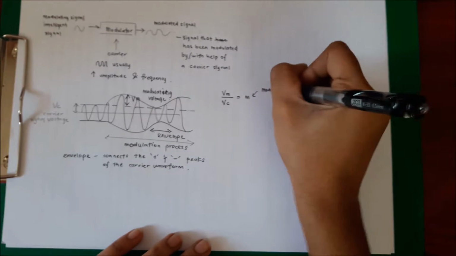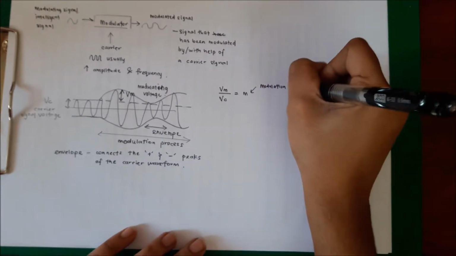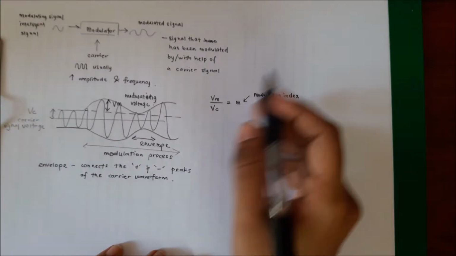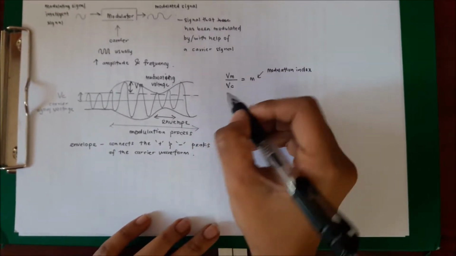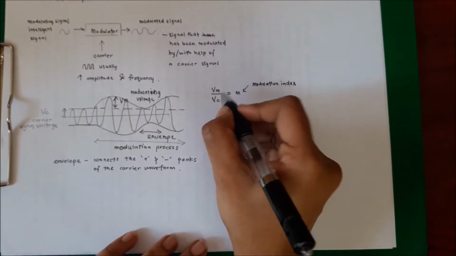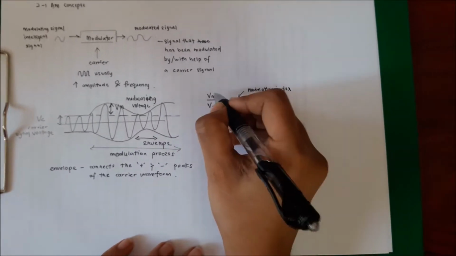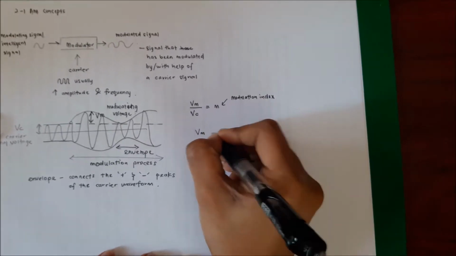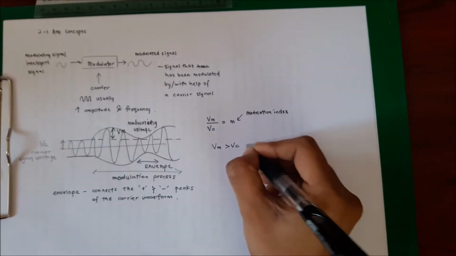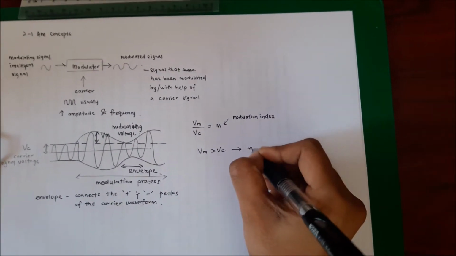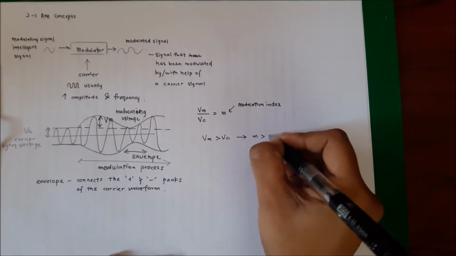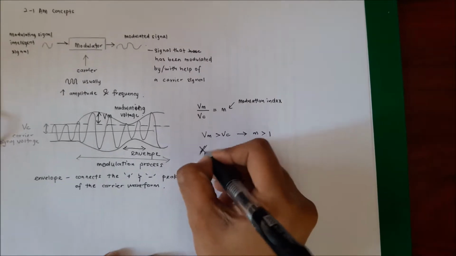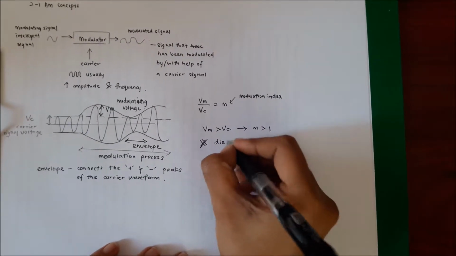When your Vm is more than your Vc, you're going to get a modulation index larger than 1. This indicates distortion has occurred.